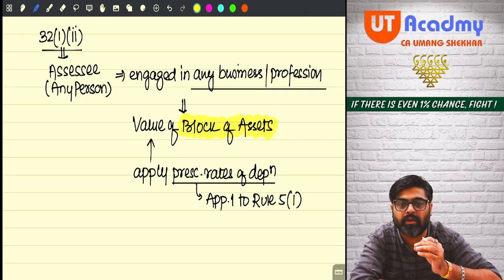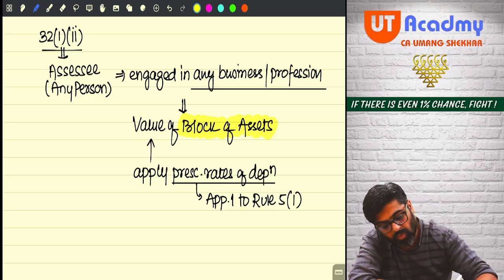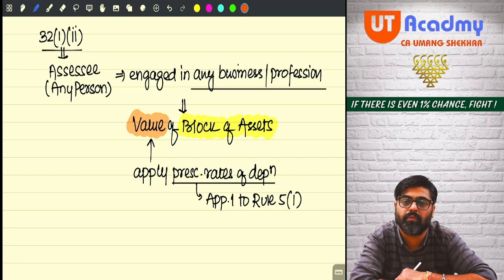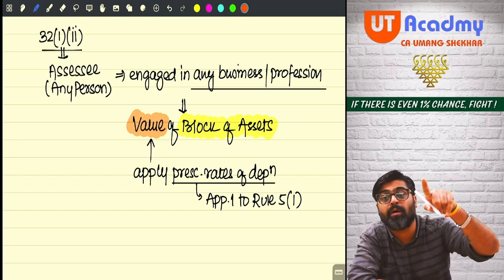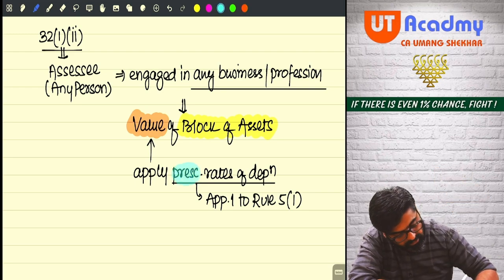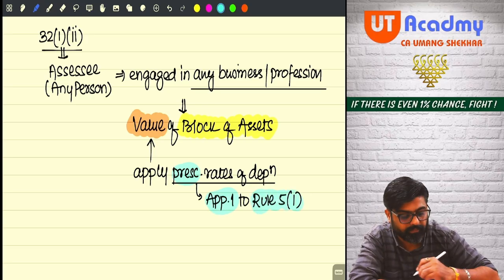Not a single asset. Block means group of assets. And you will have to determine the value of that block. And on the value of the block of asset, the different rates are prescribed in Appendix 1 to Rule 5.1.